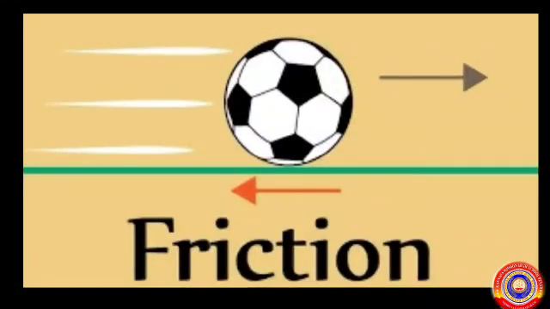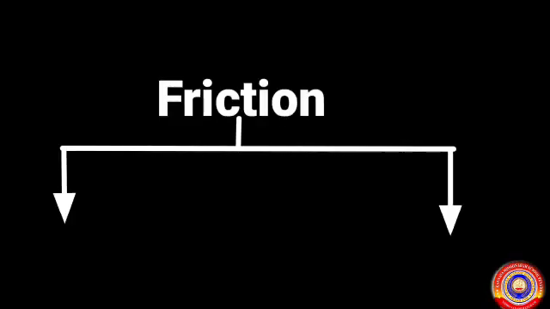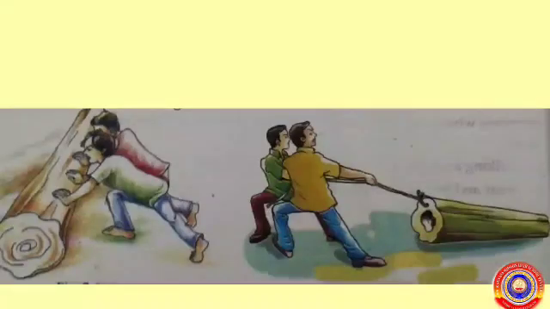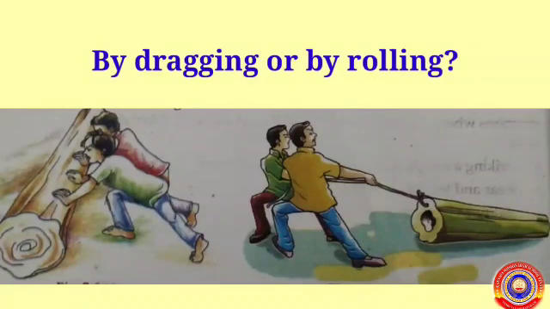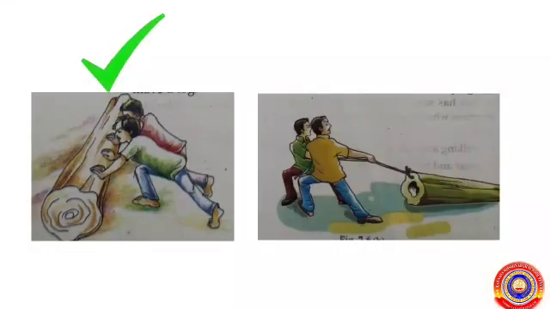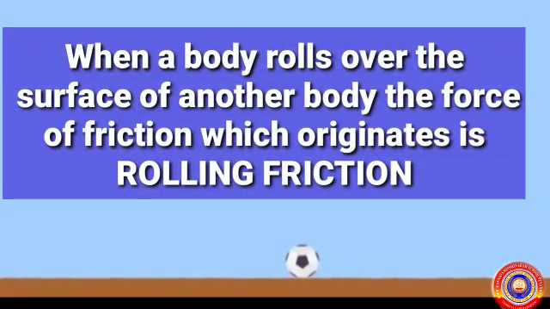Is the opposing force experienced in all contact bodies the same? To find the answer to this question, you need to know the two types of friction. Look at these two pictures. Which of these methods is easy in moving objects? By dragging or by rolling? Yes, rolling is easier than dragging, isn't it? When a body rolls over the surface of another body, the force of friction which originates is rolling friction.